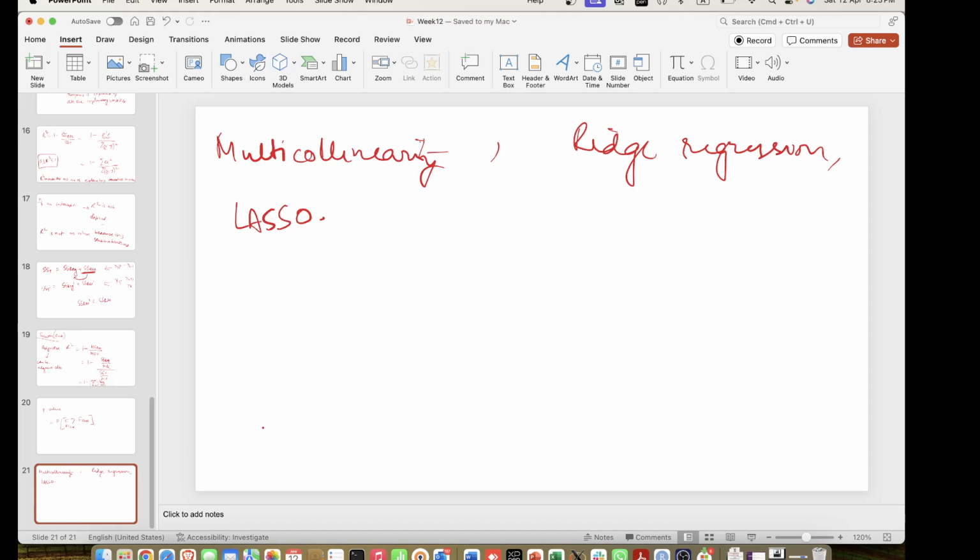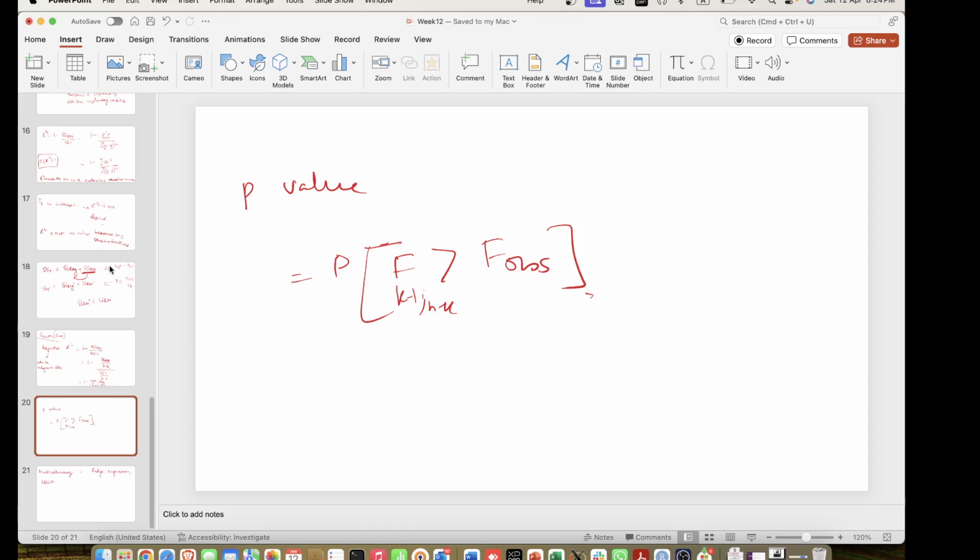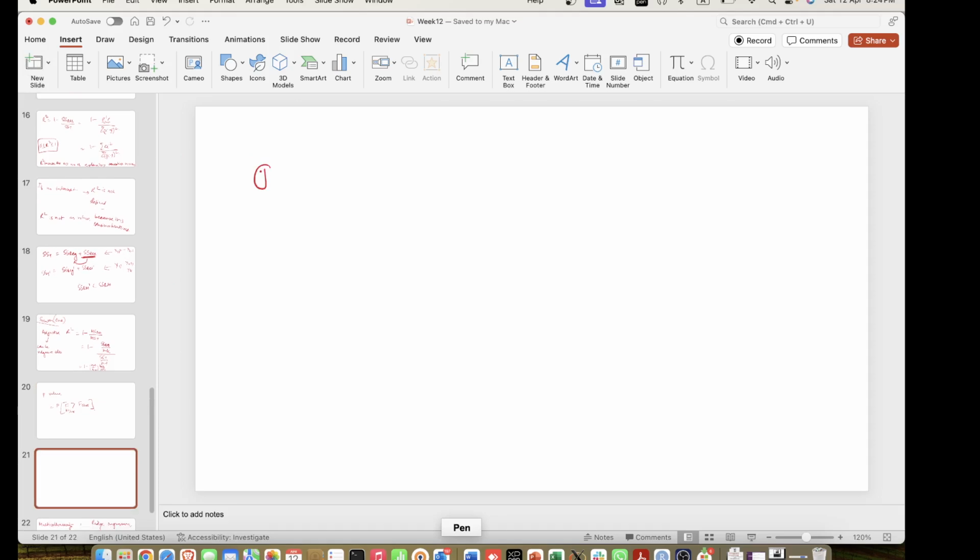So sigma square hat here is the MS due to residuals. Okay, that is what it is.